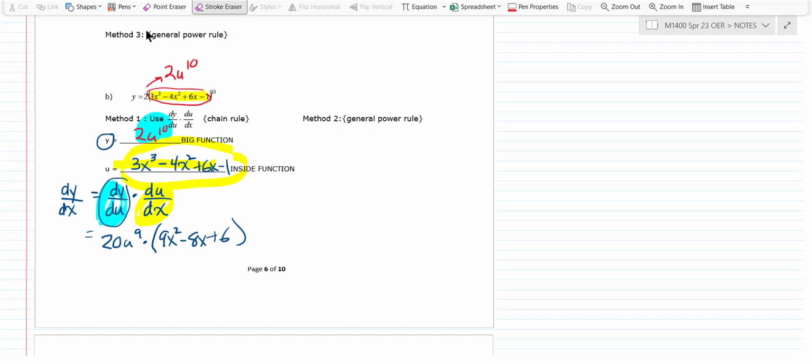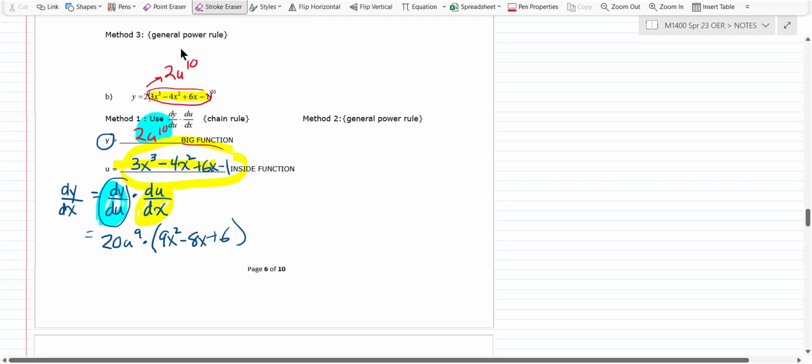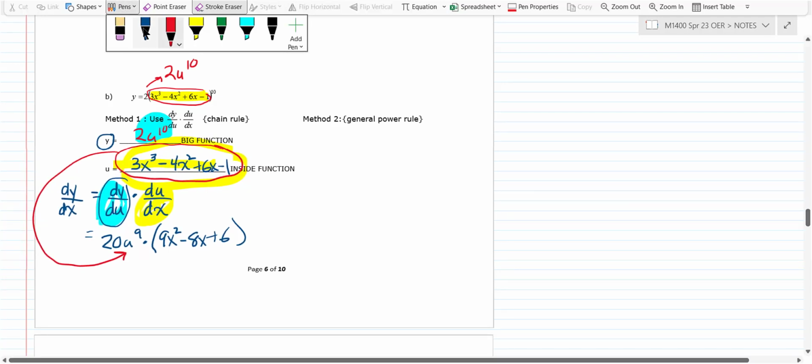Now, I'm not done with the problem because I don't want u in the answer. We have that intermediate variable. So what you do now is u is all of this stuff right here. So you plug that in to get the final answer to the derivative. That's the last step you always do, is plug back in for u.